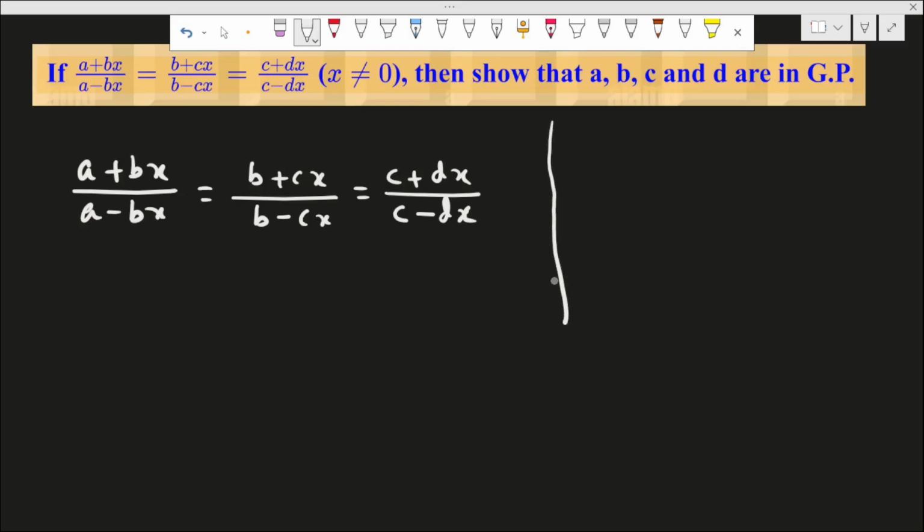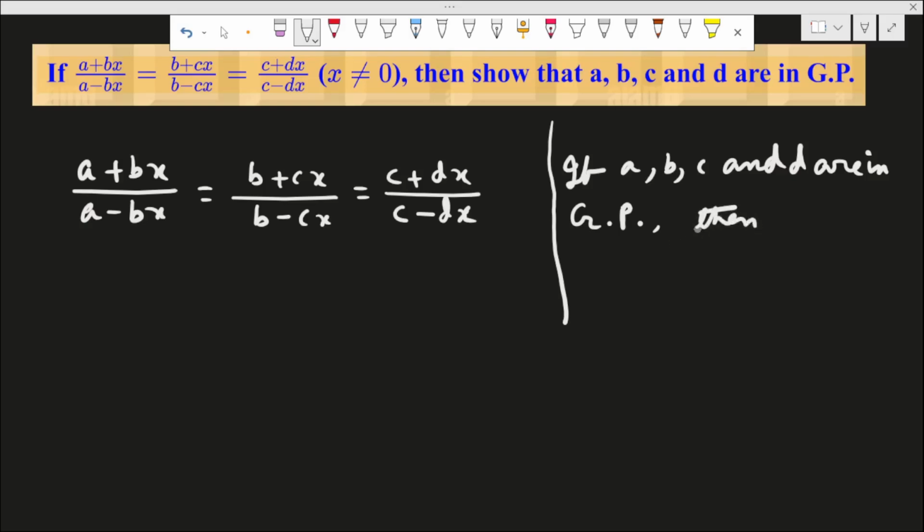First thing we should think how to show that A, B, C, D are in GP. We will think about the property of a GP. So if A, B, C and D are in GP, then from the property of geometric progression, what will be?